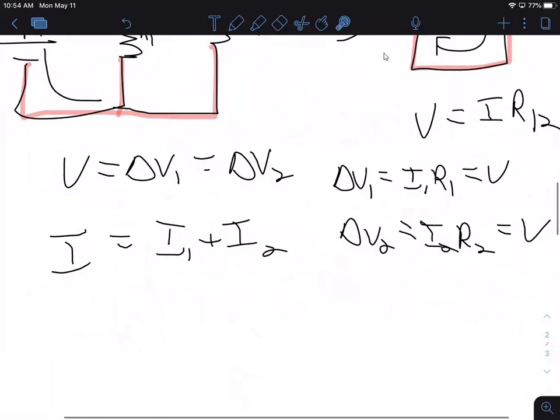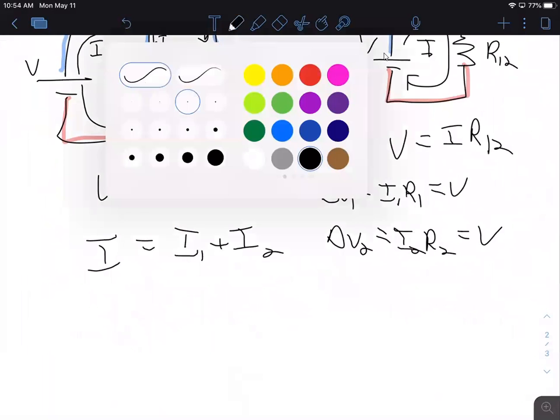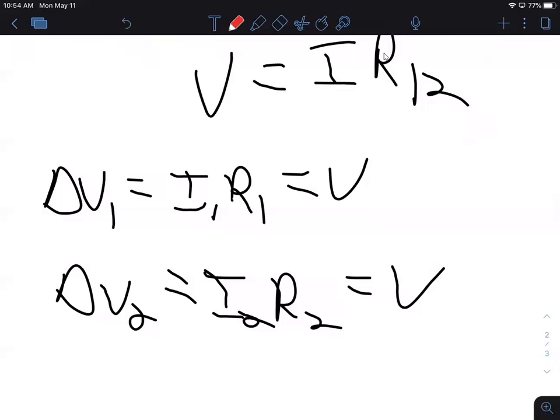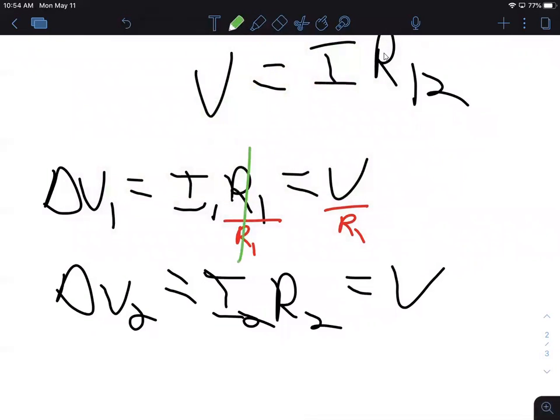All right, well, I see this equation has I1s and I2s, so let's start there. I can write I1 as V divided by R1. So I'm just moving this R to the bottom. Let's draw that. So I can divide by R1 and divide by R1, so these ones here will cancel.